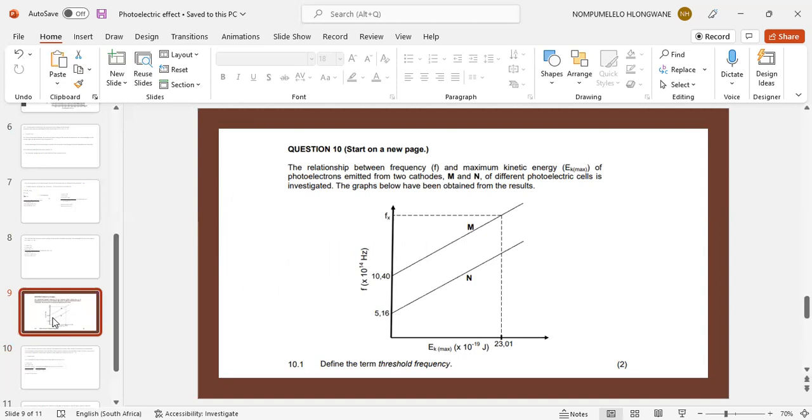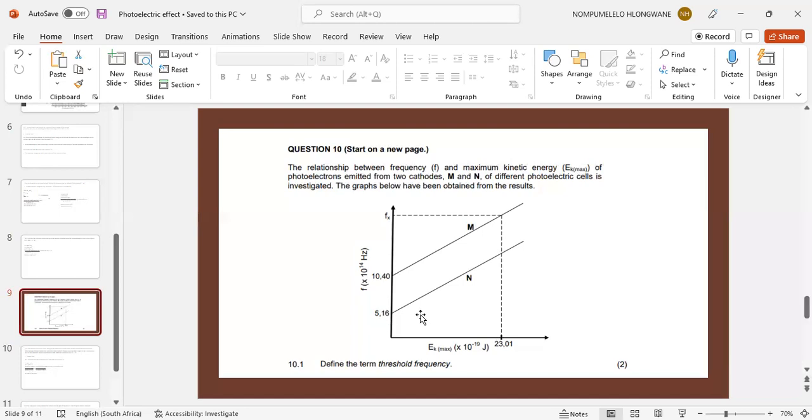So for cathode N, the minimum frequency needed to move the electrons from the metal surface is just 5.16. So if I shine a light that has a frequency greater than 10, which is 2 times the minimum frequency needed, it means the energy that I'm transferring into the metal surface is 2 times what is actually needed.